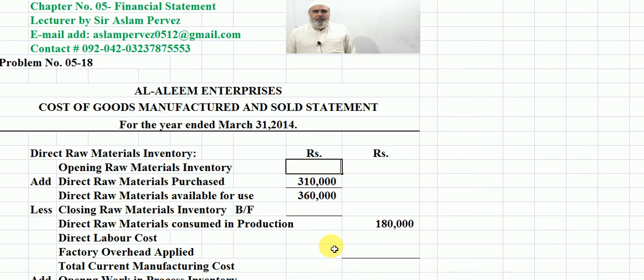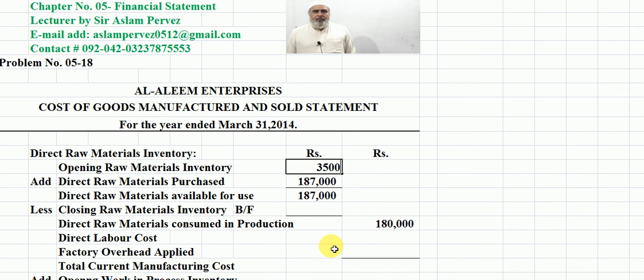Students, 1,87,000 rupees is the direct material purchase, and the raw material inventory is 35,000 rupees.